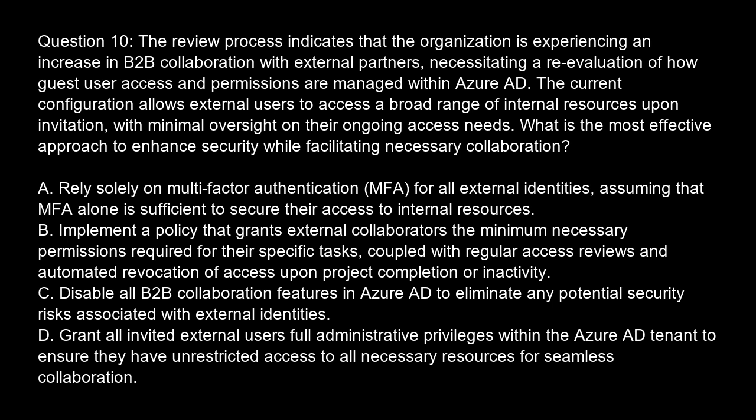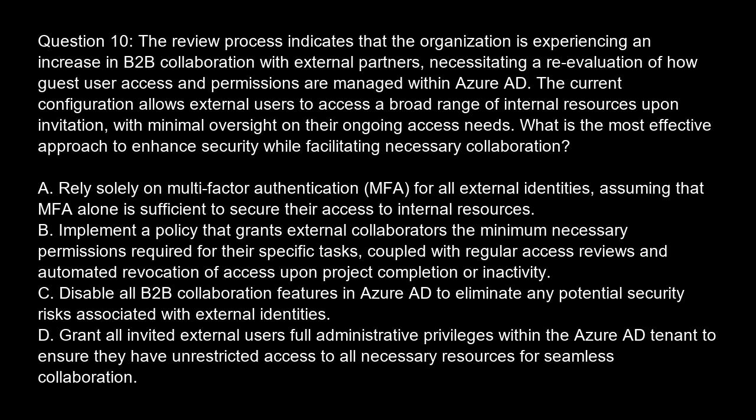Option A. Rely solely on multi-factor authentication, MFA, for all external identities, assuming that MFA alone is sufficient to secure their access to internal resources. Option B. Implement a policy that grants external collaborators the minimum necessary permissions required for their specific tasks, coupled with regular access reviews and automated revocation of access upon project completion or inactivity.